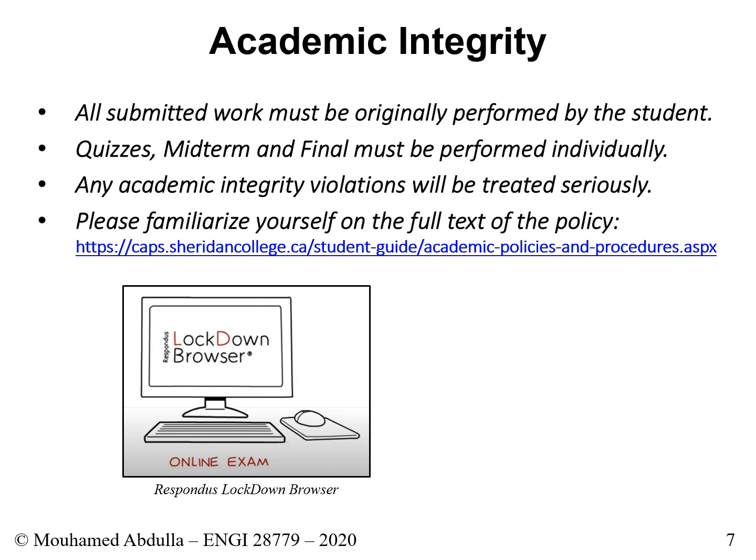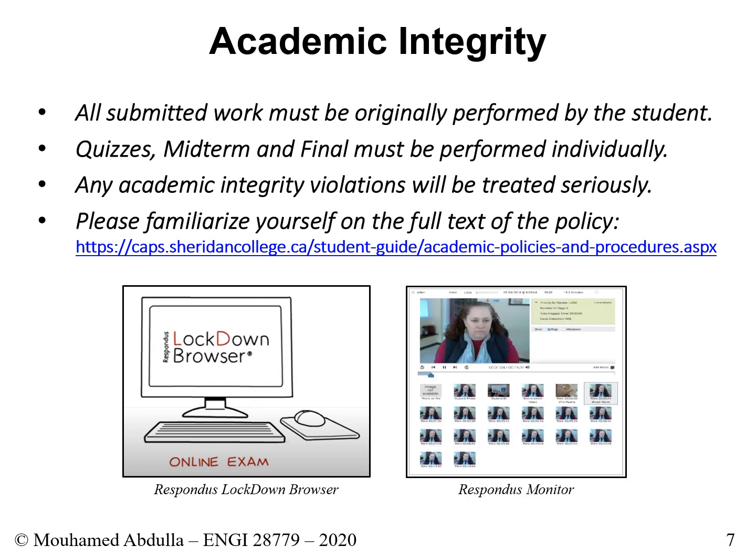It locks your browser and does not allow you to check your email or go to another website. You need to install it before the evaluation. In fact, when you begin an evaluation, it will prompt you to do that. The other thing that we will use is the Respondus monitor. What this does is that there's a camera that monitors you as you're doing your evaluation.